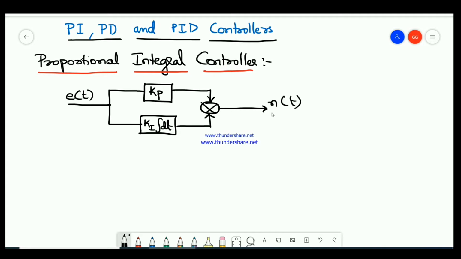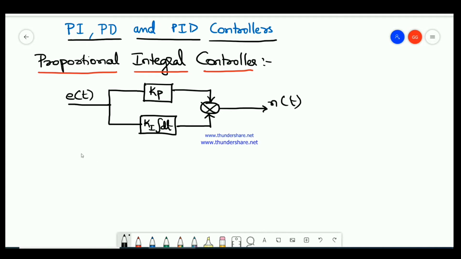t. So the equation for n of t would be the summation of these two different controllers that we have, which is connected to a single summation point.